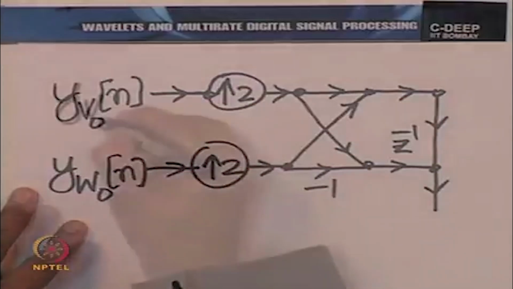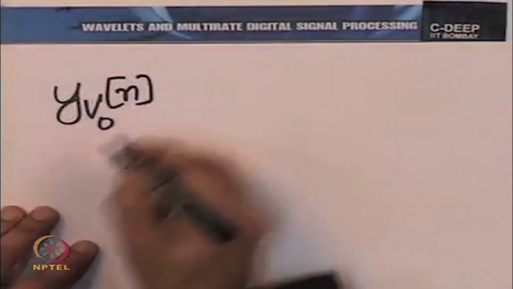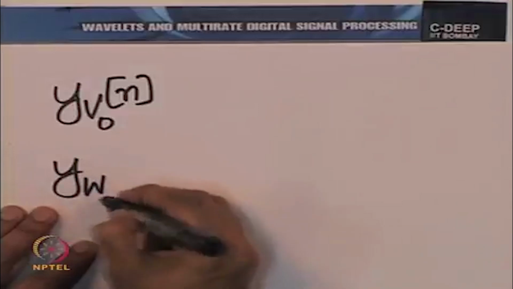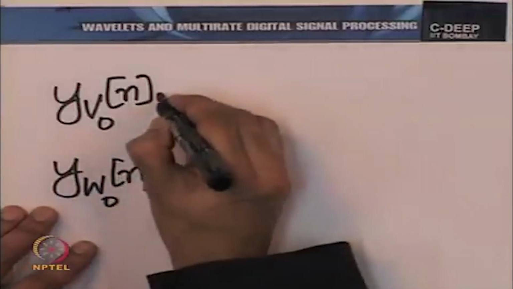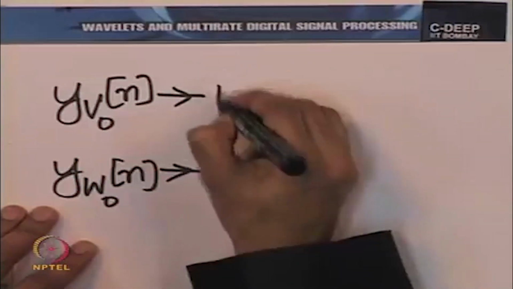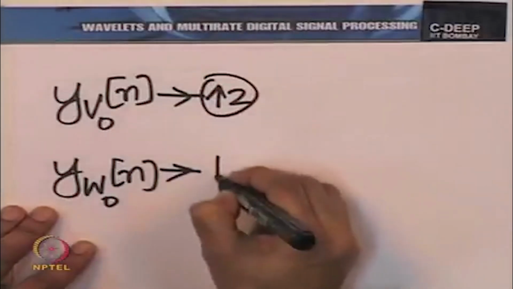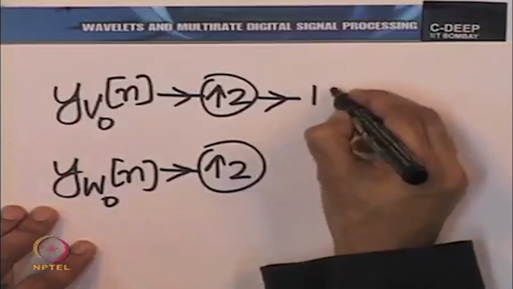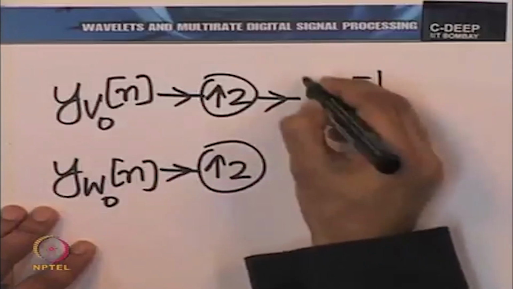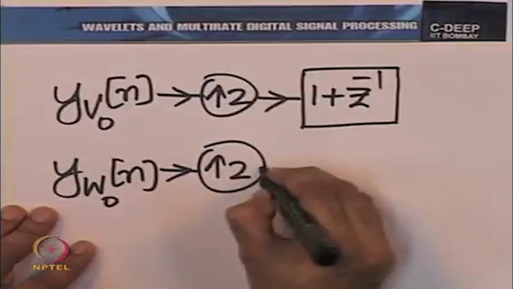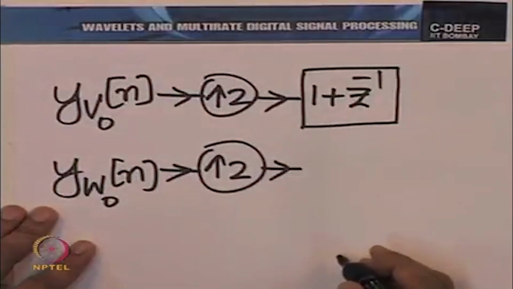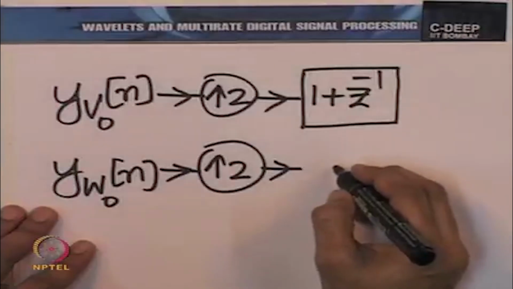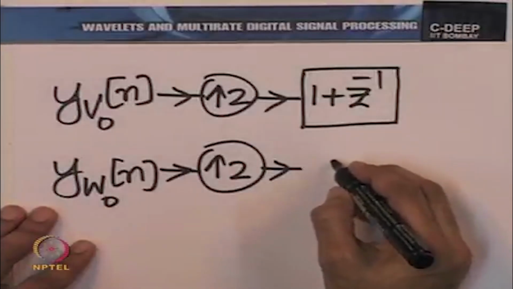So, in other words, what we have is the following structure, with which we shall then conclude today's lecture and look more deeply in the next. The structure that we have is this. We have an upsampler, we have a 1 plus Z inverse operator coming there, and a minus Z inverse plus 1 operator coming here.